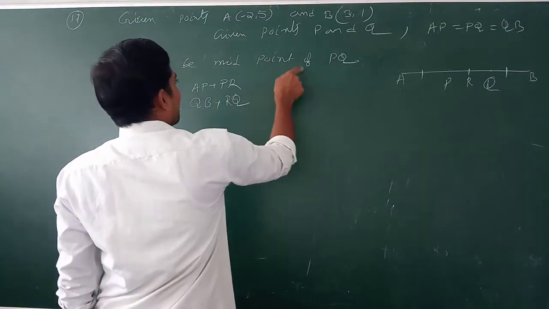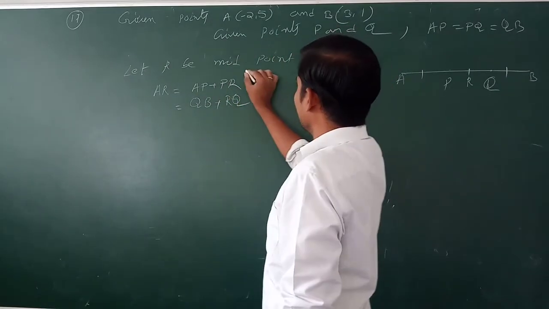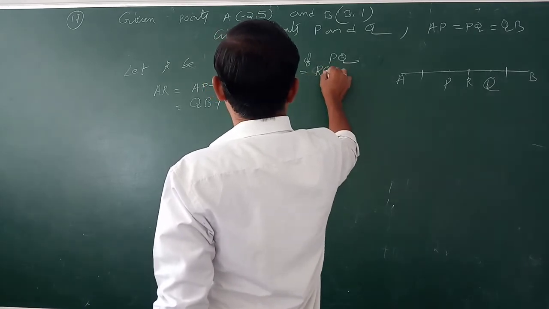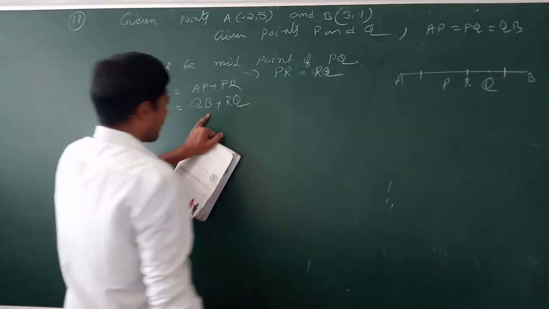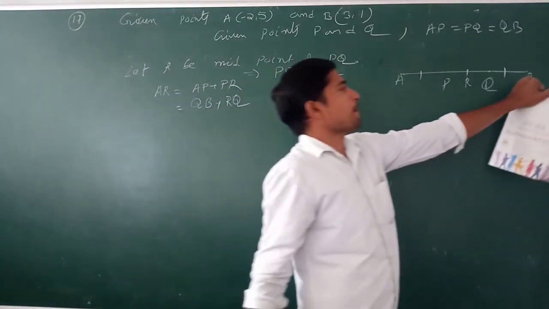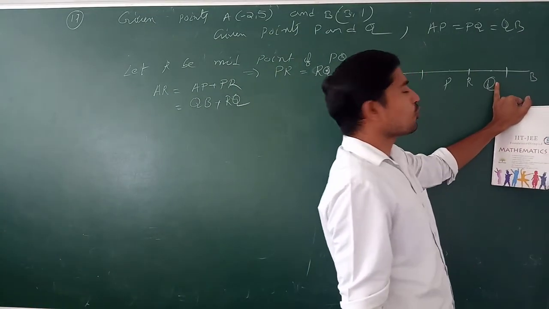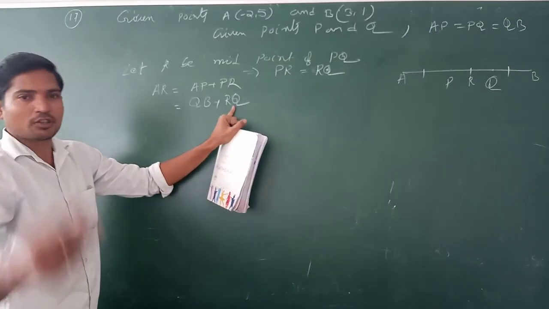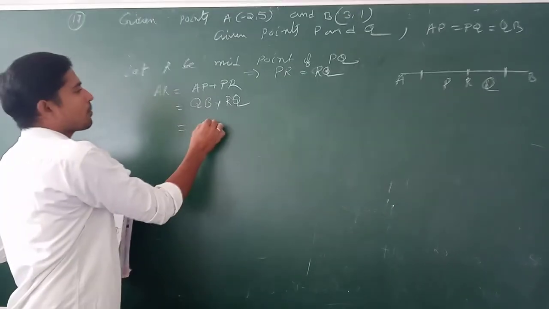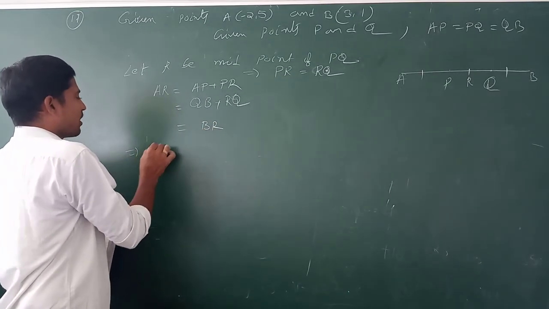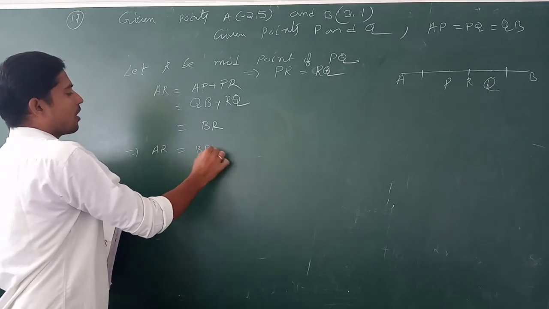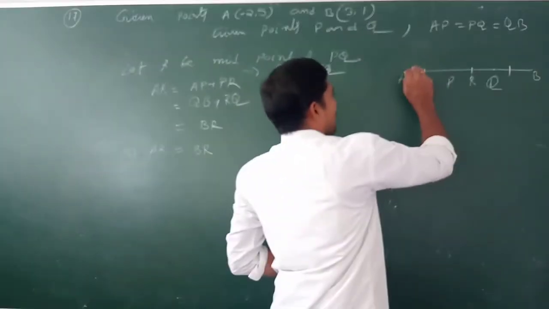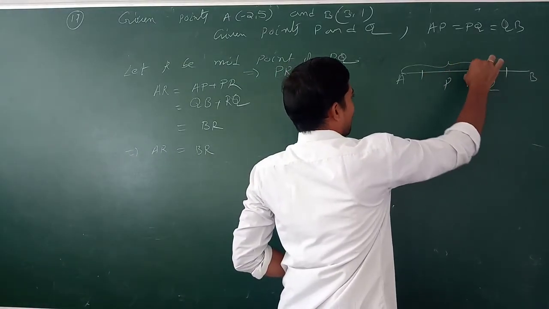No confusion. So QB plus QR; RQ and QR are both equal, which is equal to BR. That implies AR is equal to BR.